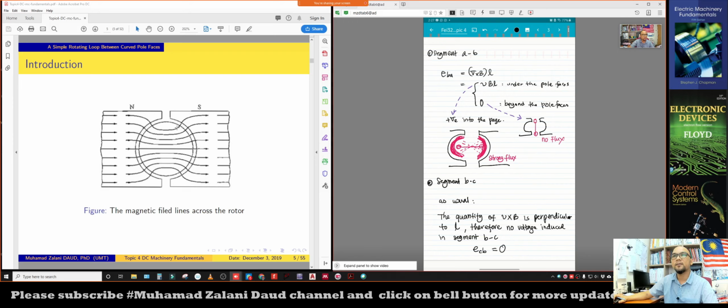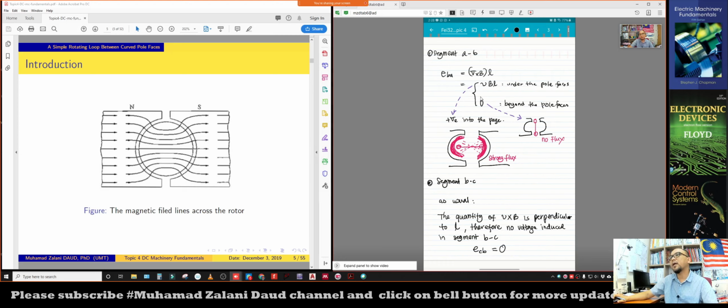The voltage under the south pole faces is VBL for segment AB. Okay, for segment CD, I'm going to explain segment by segment. That one is segment AB. All right, so we know that at the segment AB, the induced voltage is VBL.